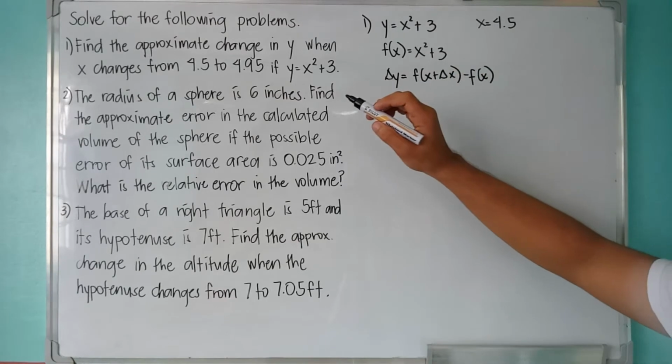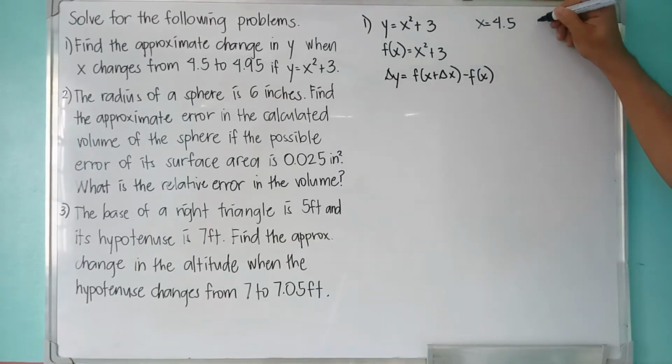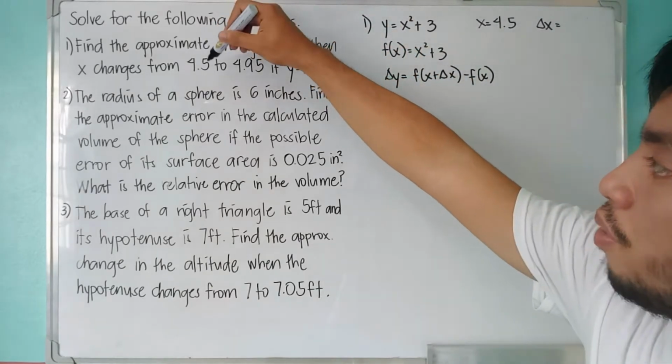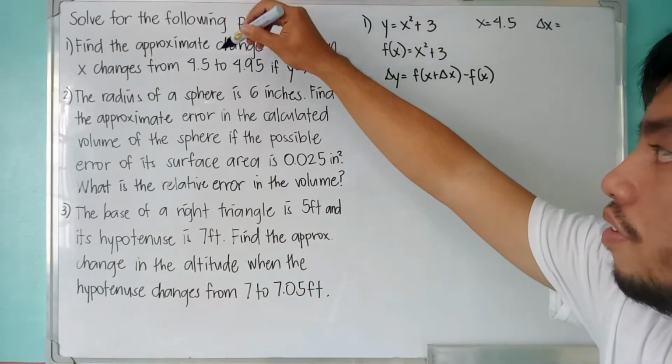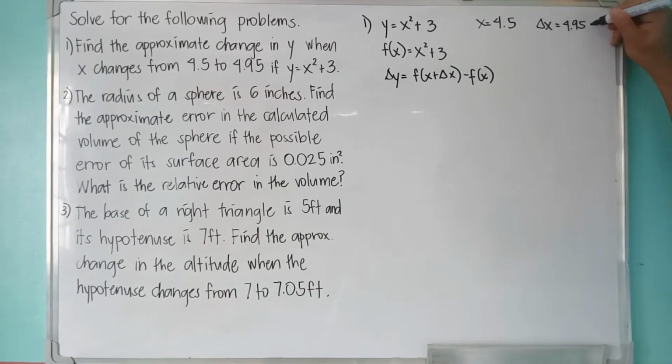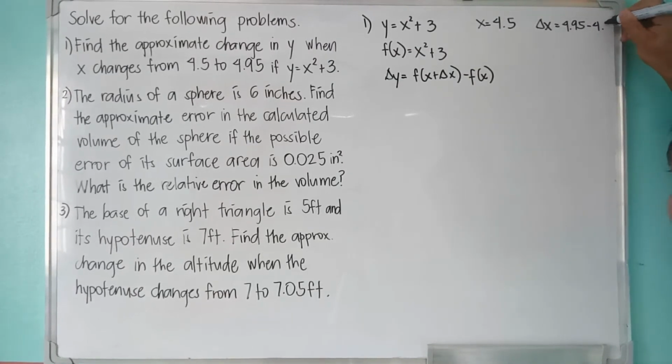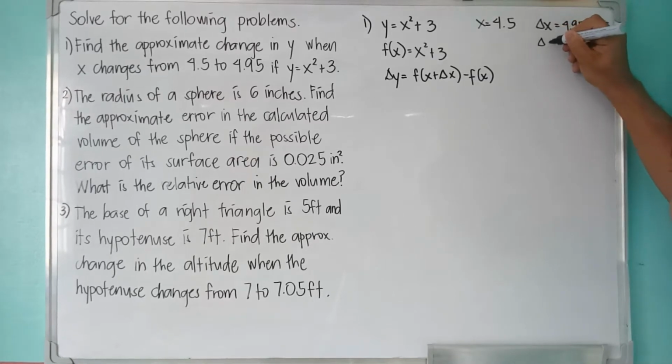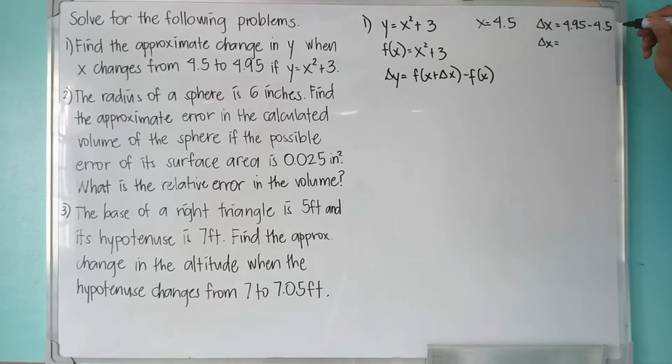And then, delta x is equal to yung change from 4.5 to 4.95, which is yung difference nila. So 4.95 minus 4.5.